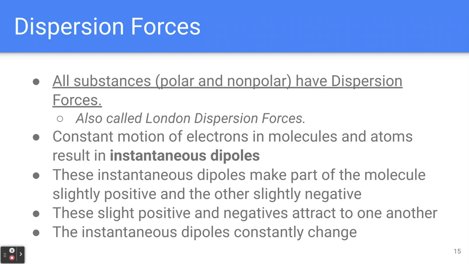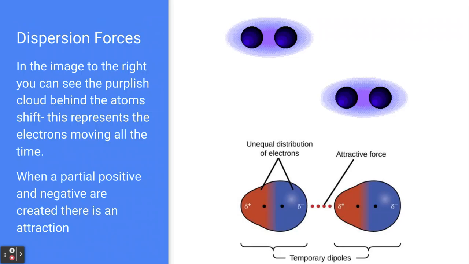And so in one given snapshot of time, the electrons might be in one place, which gives that area a very, very partial negative. And then in another snapshot of time, the electrons might shift, and so that area now has a very partial positive charge. And so these very, very slight positive and negative charges attract to one another, and those dipoles are constantly changing.